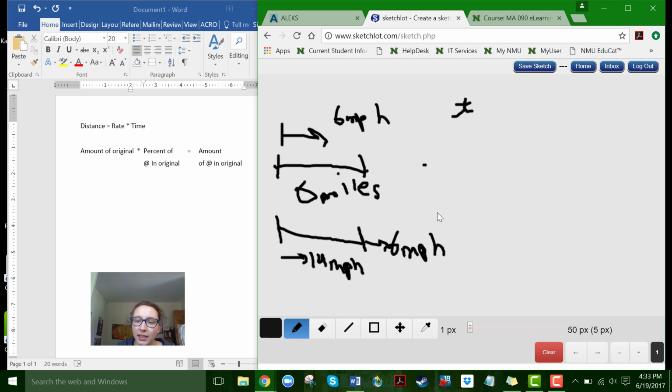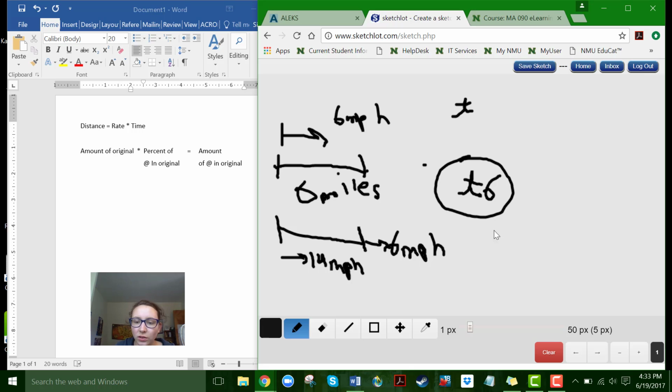So in T amount of time, the runner is going to run, distance equals rate times time. The rate is 6 miles per hour, so 6 times t is the distance that the runner is going to run. So the extra amount the runner is going to run in the time it takes for the biker to catch up is 6t.